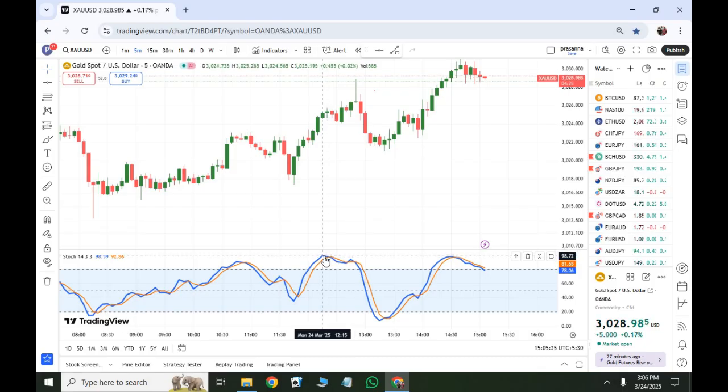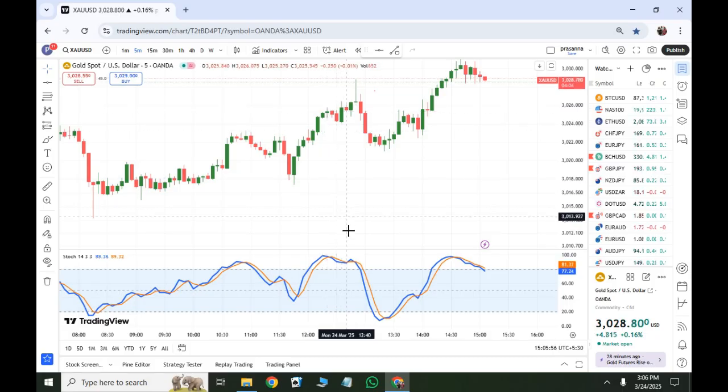Here the K value is 98.72 and here the K value is 93.77. That means the K value is decreasing, but the price at that moment is 3025.35, so the K value decreases but the price increases, the price goes higher.